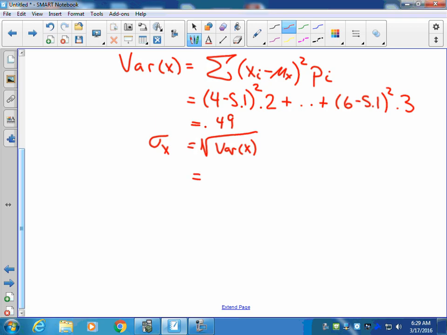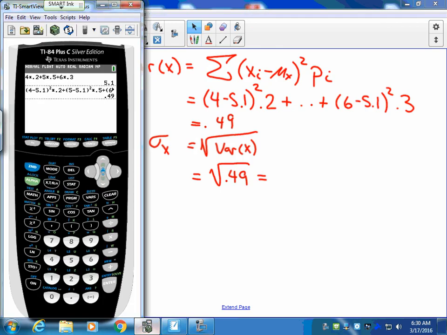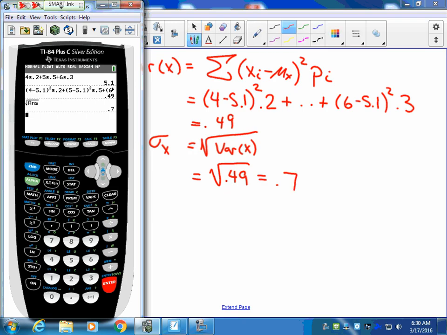So it's squared units, whatever you're dealing with. So we have to turn it back into a traditional unit by doing the square root of 0.49. So square root of that answer. Okay, and we get 0.7 for our standard deviation of the sampling distribution.